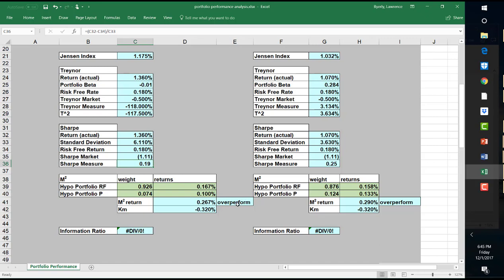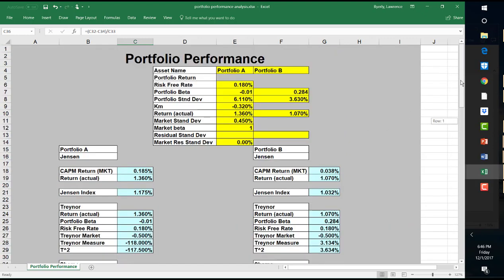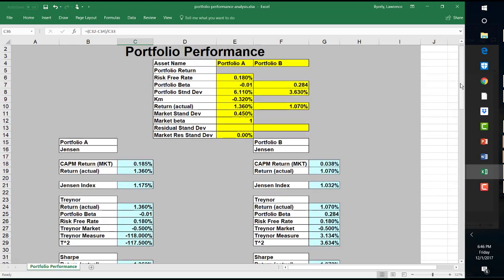So it says that A is outperforming the market. It says that B is outperforming the market, but it also says that asset B, 0.29 as an M squared, is obviously greater than 0.267. So again, this data is slightly skewed because of some of the information being negative, that being the portfolio betas, etc.